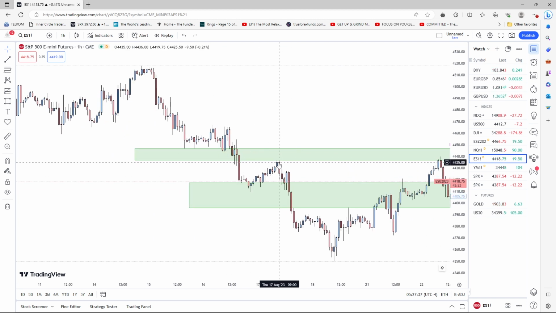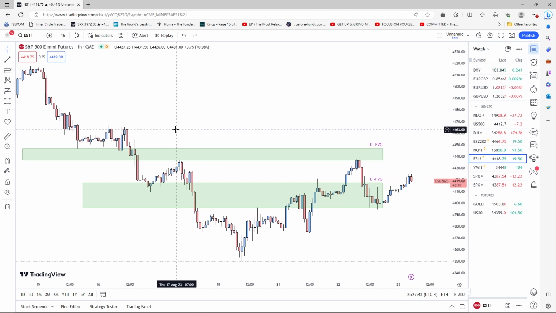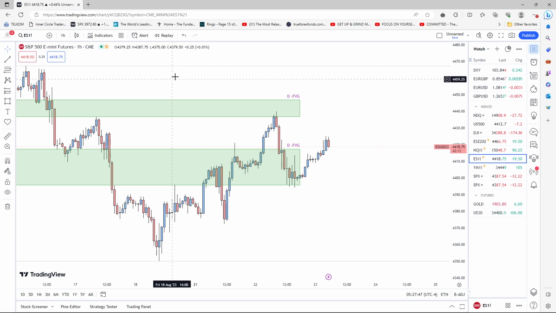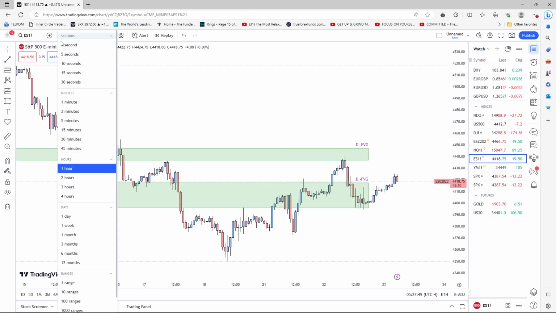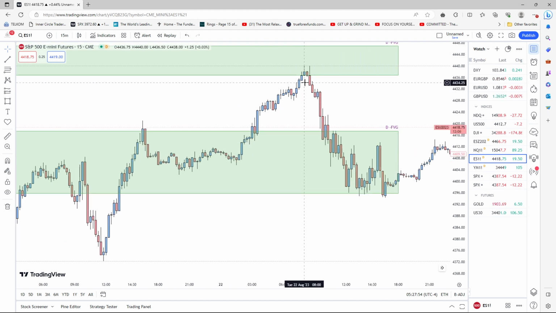All right. Looking at the lower time frames, working our way down, ideally I want to look at this piece of price action that we had on Tuesday.